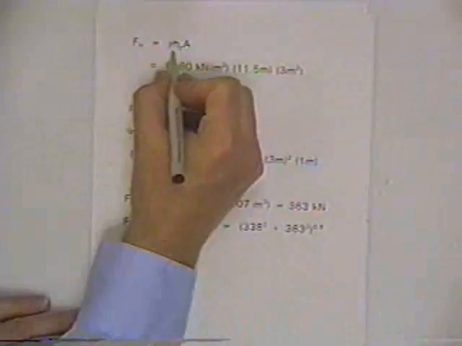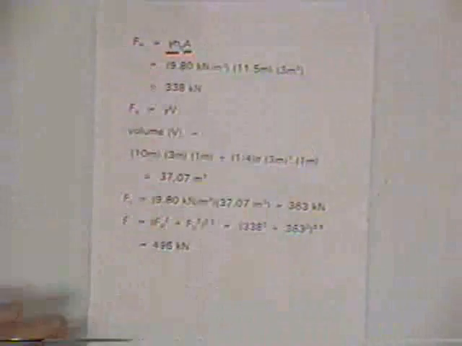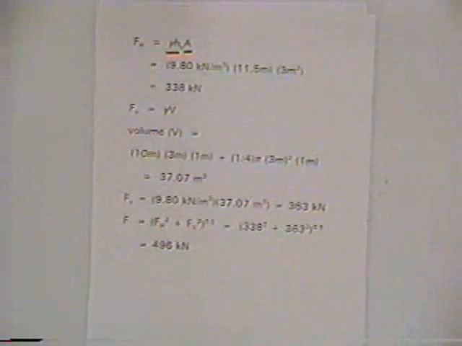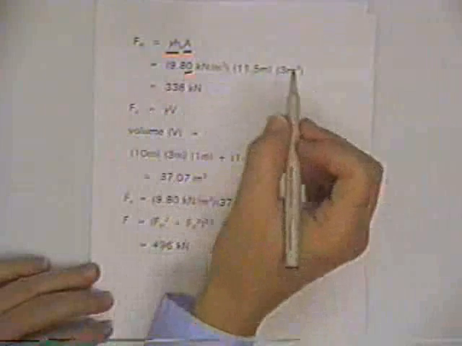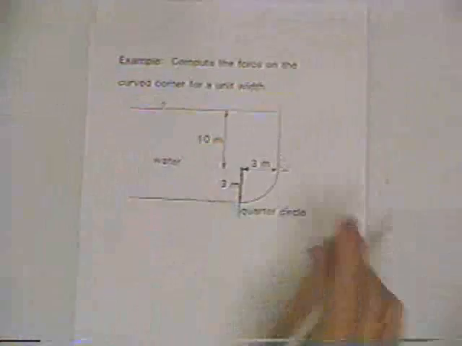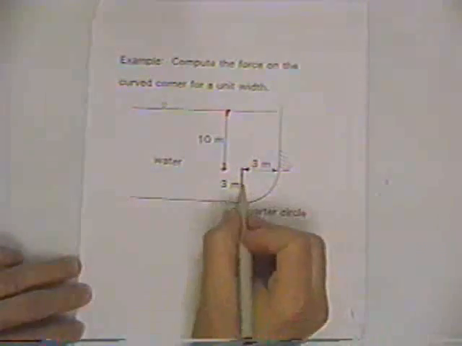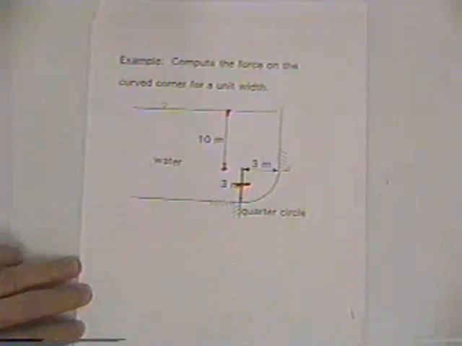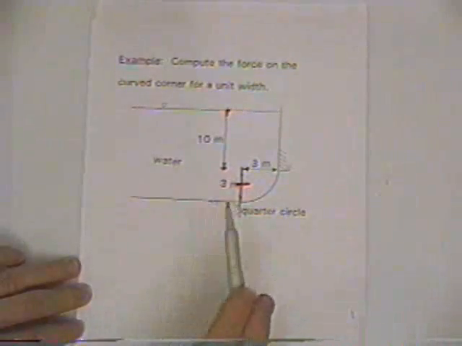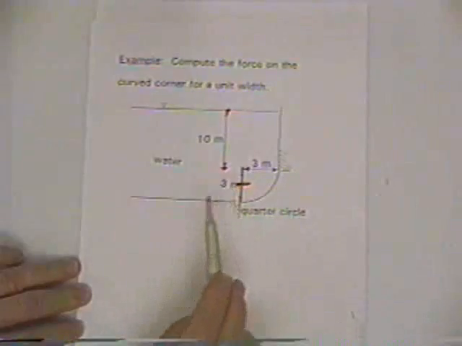The force is the pressure times the area, and the pressure is the unit weight of the fluid again times the distance from the water surface vertically to the centroid of that area, or the vertical projection of the area. We know the unit weight of the water, and we can look at the geometry, and the numbers are given: from the water surface to the top is 10 feet, and we want to go to the center of the area, and we're actually working this problem for a unit width coming out of the paper here.